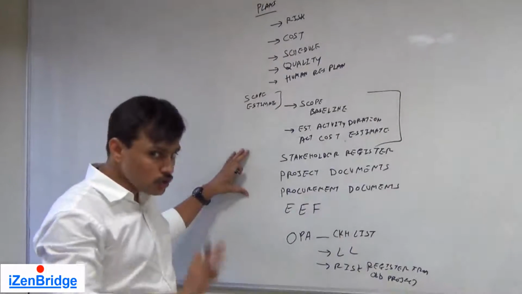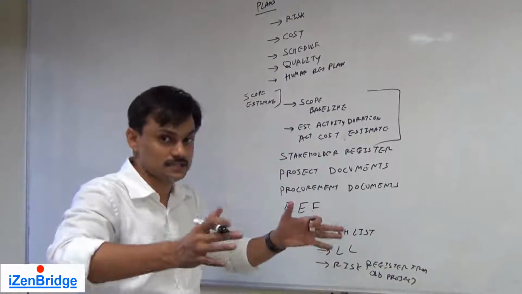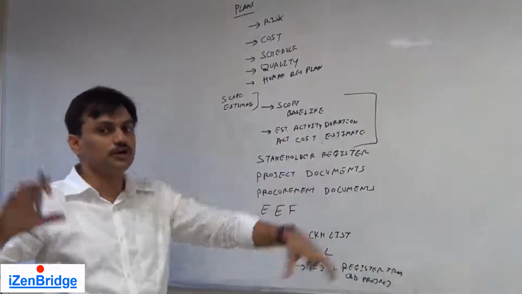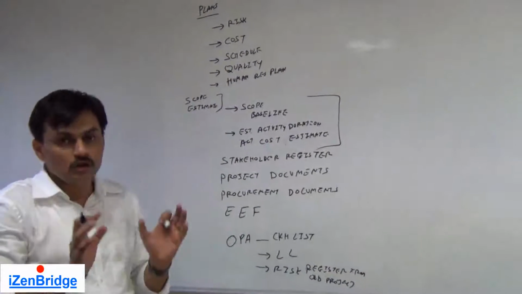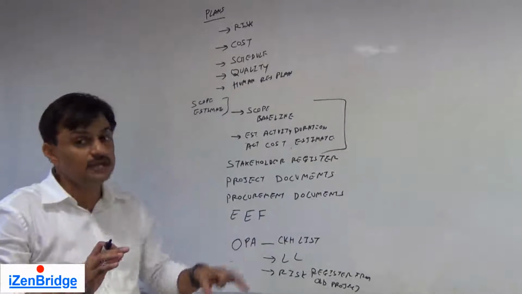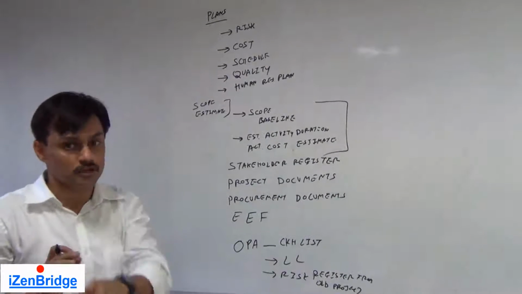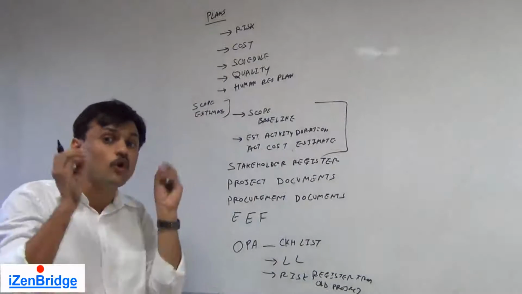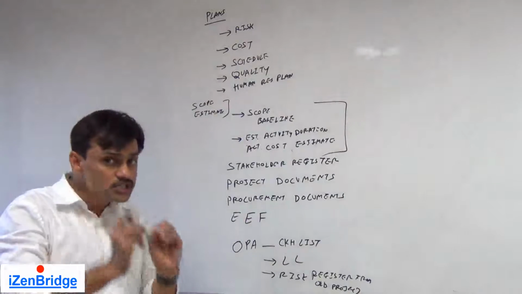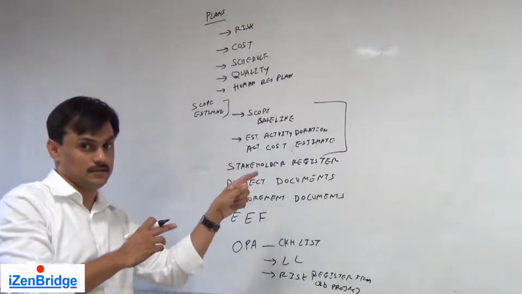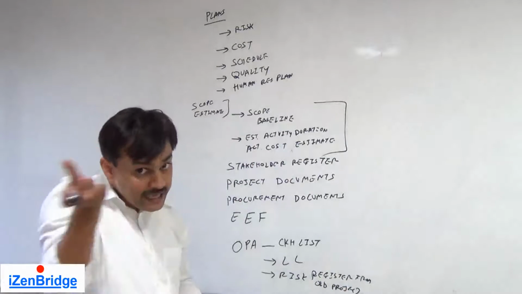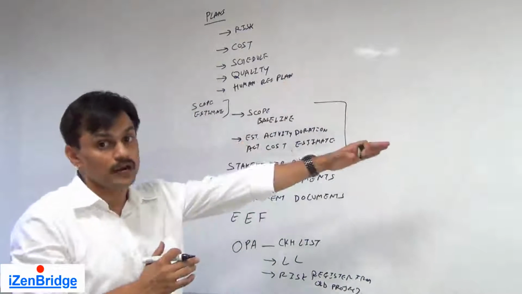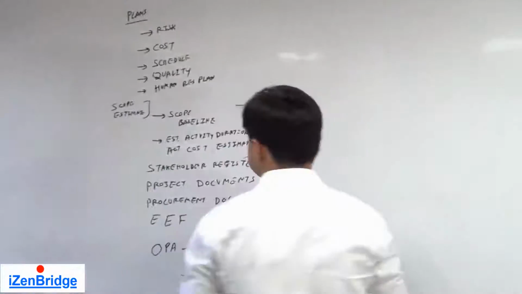I would recommend not to memorize it, but visualize. You need a planning input, you need a documentation input, and you also need input whenever you are doing any estimate or documenting any assumption. We need a scope baseline because we document assumptions and constraints in the scope baseline. And scope also represents some kind of risky areas, which would be required while identifying risks.